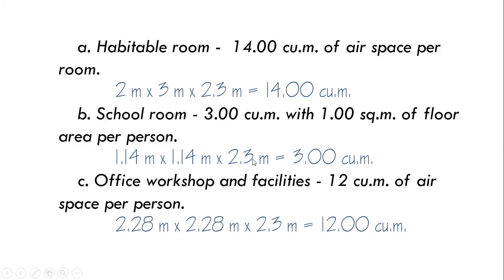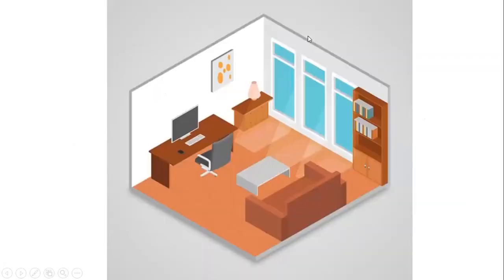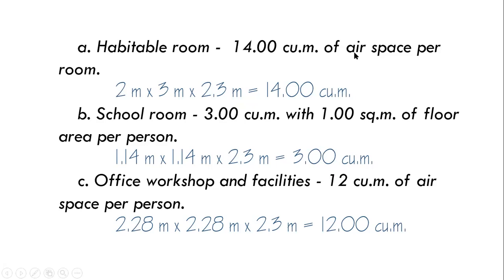For a school room or classroom, the minimum requirement for each person is 3 cubic meters. Why cubic meter? Because we're talking about the volume here, and we're already talking about the specific height.